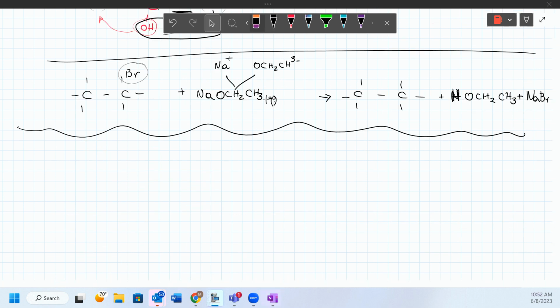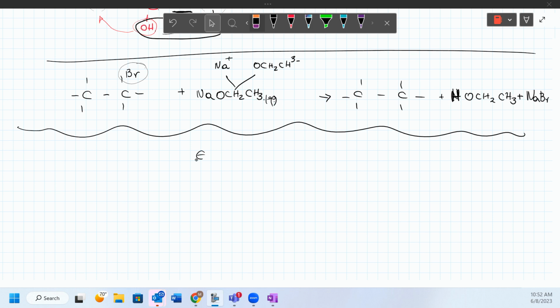The last type of reaction that we will see is the esterification. We saw that an ester is formed when a carboxylic acid reacts with an alcohol to produce an ester, and an additional product will be water as well.